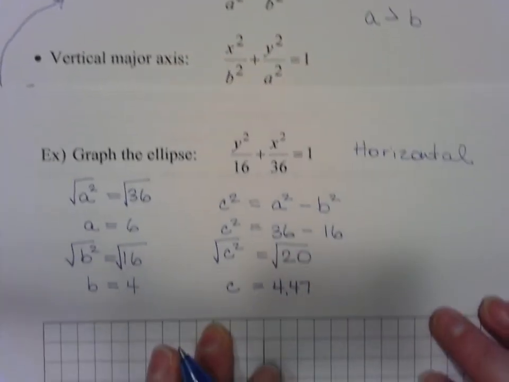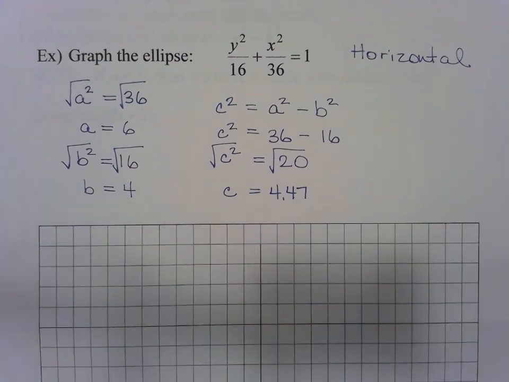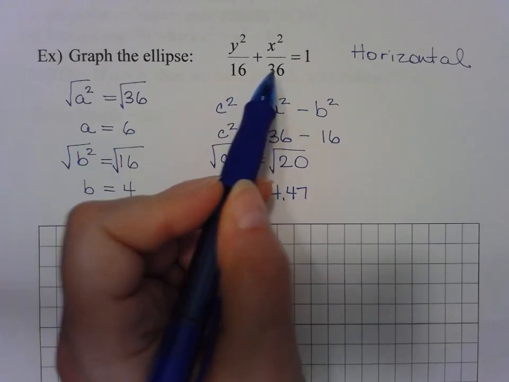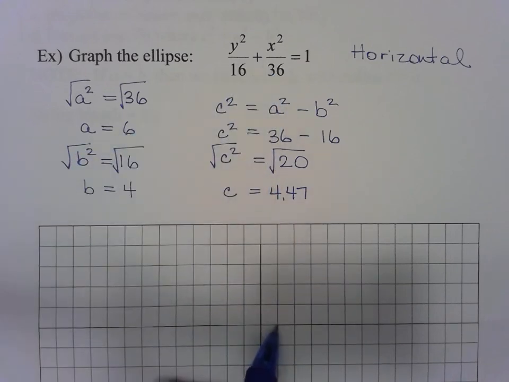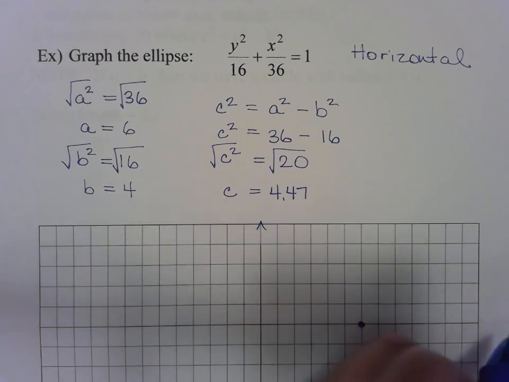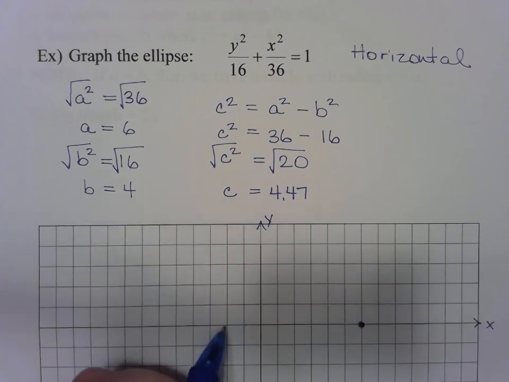All right, so let's graph this. The A would be 6. It's horizontal. The A is under the x, so we're going to count 6. 1, 2, 3, 4, 5, 6. (0, 0) is our center again. And then 6 to the left.